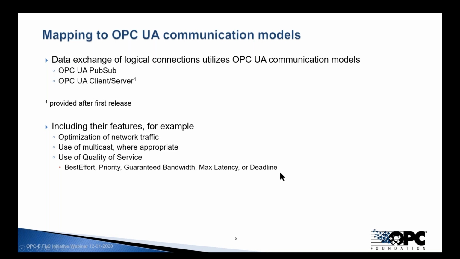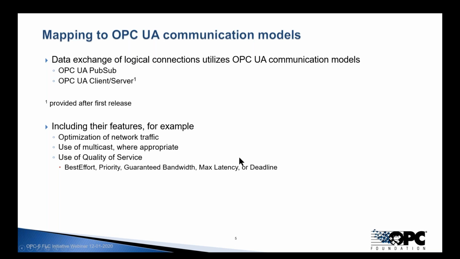And we have three quality of service types which are implemented using TSN features. One is, I guarantee a specific bandwidth. That means the publisher can be sure that his packet, or his frame, is transmitted to the subscribers, and it will not be dropped due to congestion scenarios on the network.